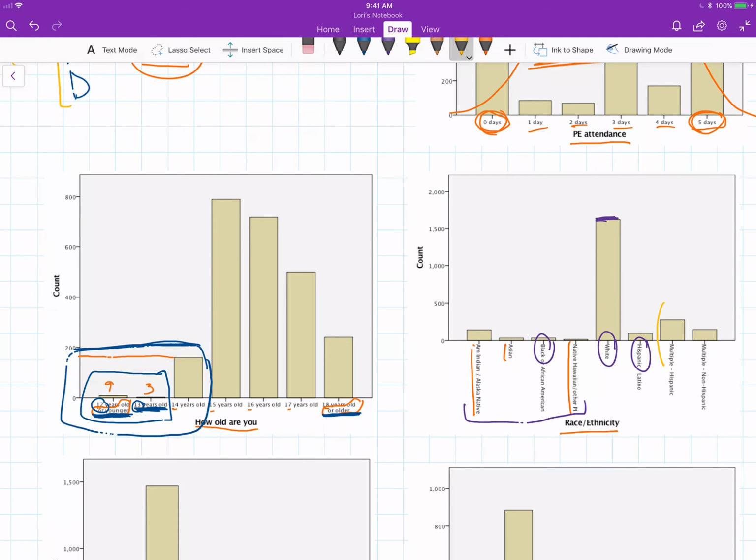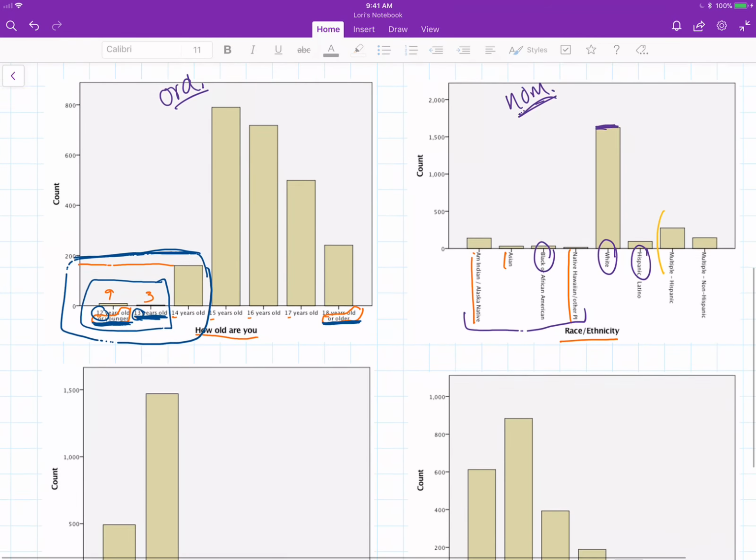If multiple is the second largest category, then it would be white, then multiple, and so forth. So you really do have a lot of options when it comes to nominal variables. The previous one is more ordinal, and so we really want to keep those in order. For nominal, we have some flexibility to show different kinds of things in a different way.